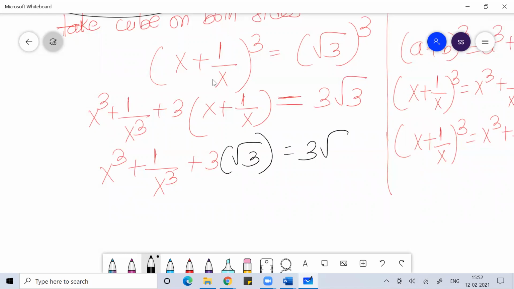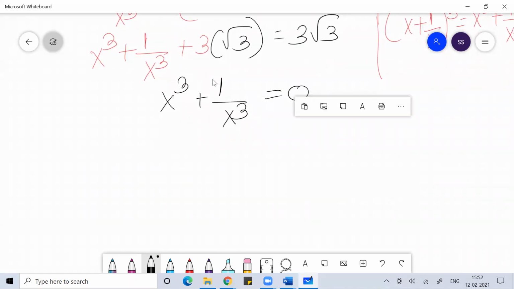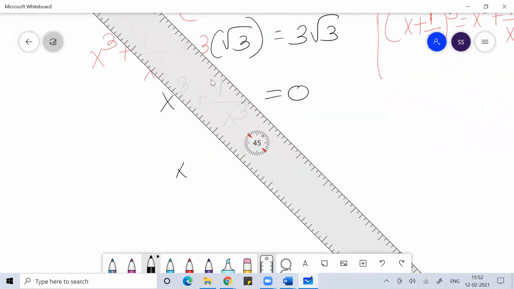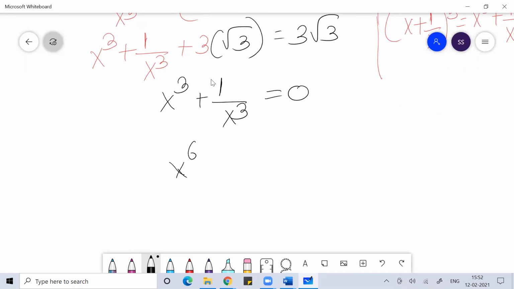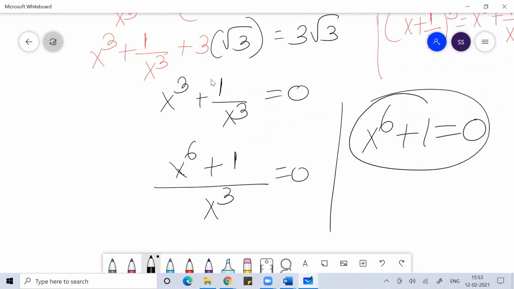It means x cube plus 1 by x cube is equal to 0. It means x to the power 6 plus 1 by x cube is equal to 0. It means x to the power 6 plus 1 is equal to 0.